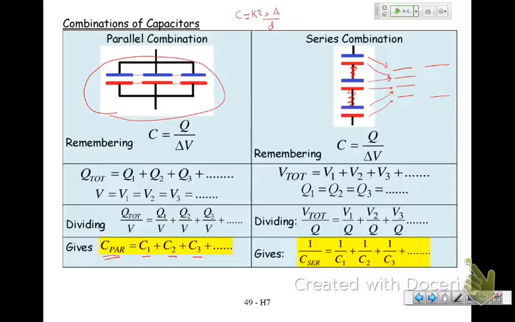It's worthwhile learning those. Frankly, when we get to resistances, we're going to find the rules switch. R series equals R1 plus R2 plus R3, and 1 over R parallel equals 1 over R1 plus 1 over R2 plus 1 over R3.